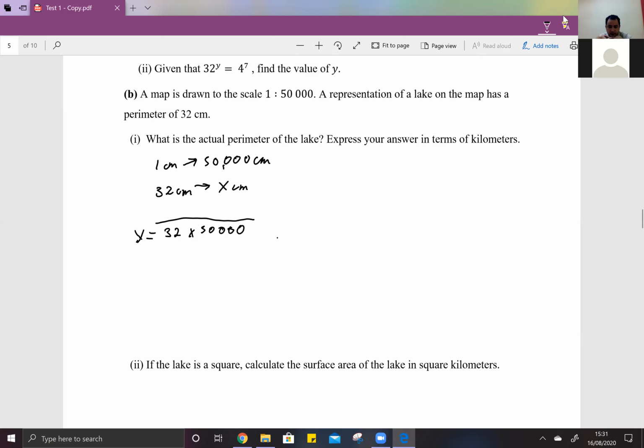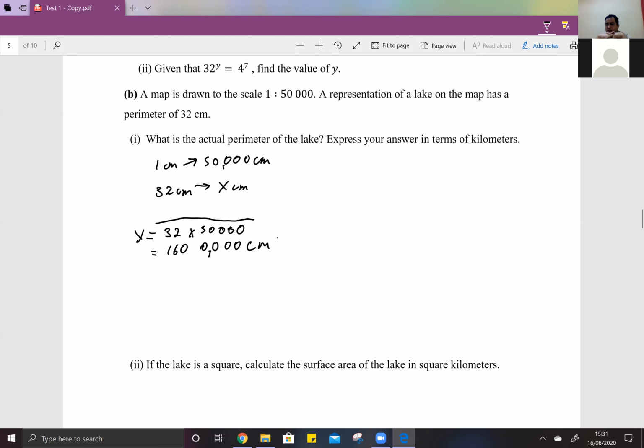Okay, now let's just simplify. Evaluate this, it equals 160 and 4 more zeros in centimeters, right? CM.